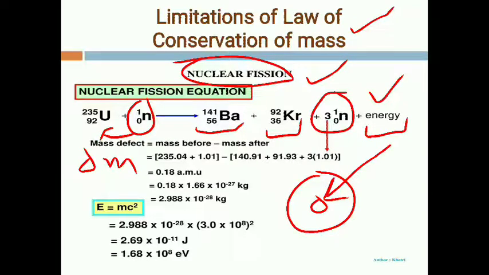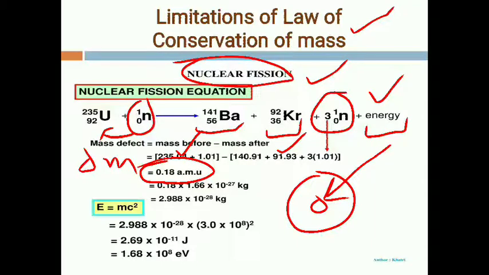So mass defect is the mass before minus the mass after, which simply means the mass of reactants minus the mass of products. Here the exact masses are given on the AMU scale. If these masses are added, for the reactants and for the products, you can see there is a little difference in the mass, 0.18 AMU.